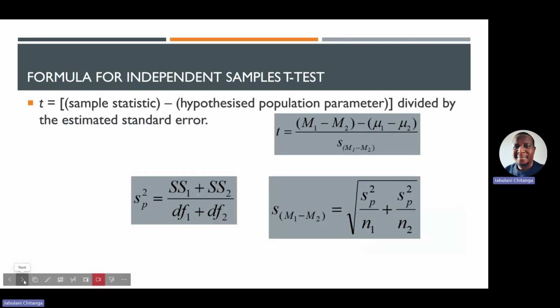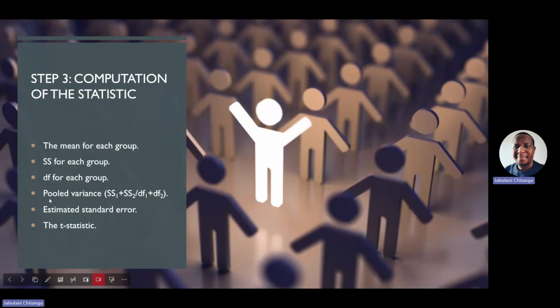We can follow these steps: calculate the mean, the SS for each group, the degrees of freedom for each group, and then complete the pooled variance, then the estimated standard error, and then the t statistic. So follow this. I think you will manage if you do that.